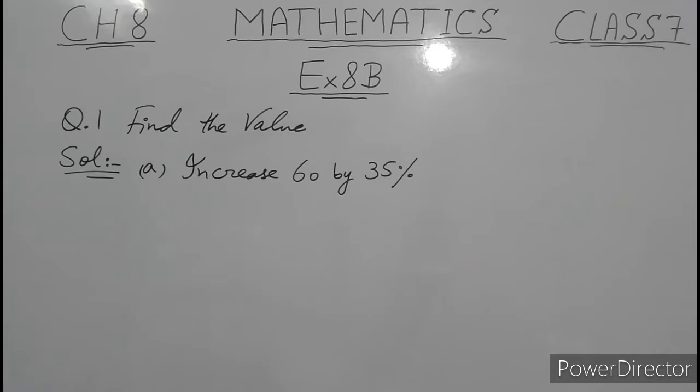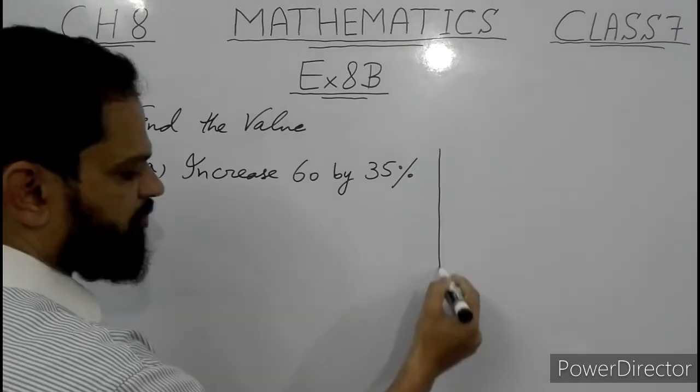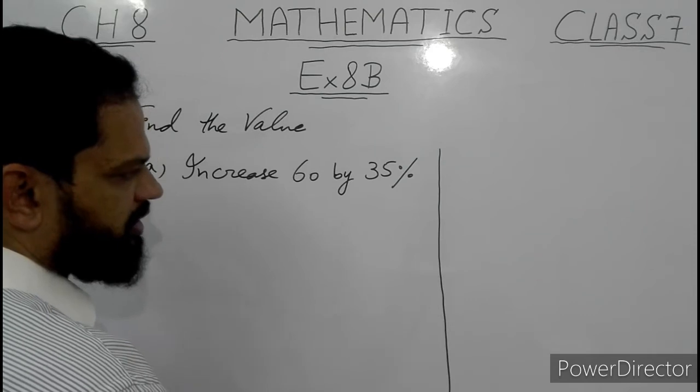Now I start exercise 8b, question number 1, A part. Find the value. Increase 60 by 35%. So firstly I do some rough work.